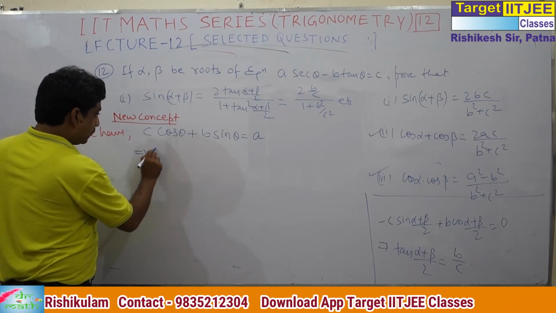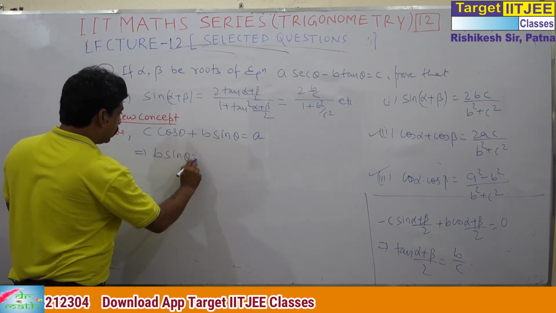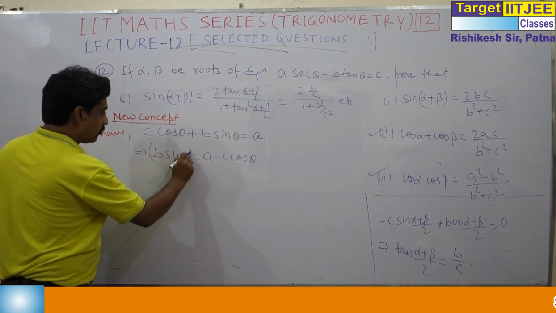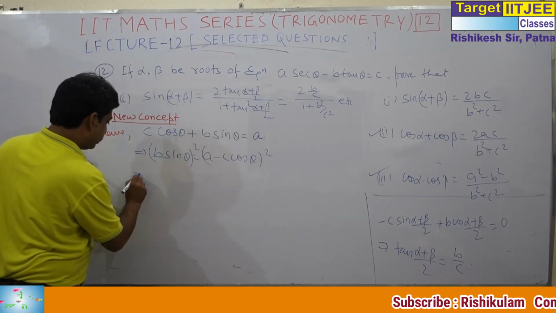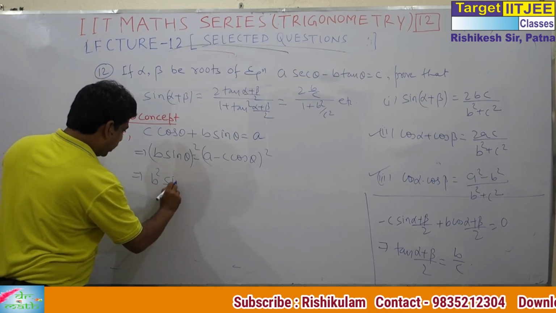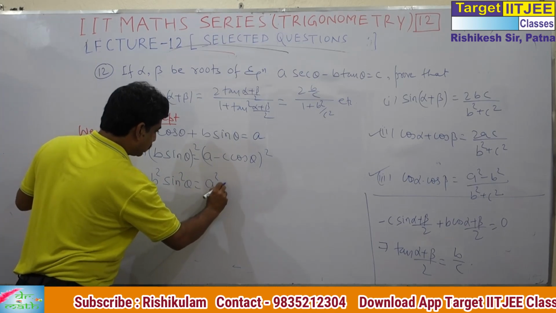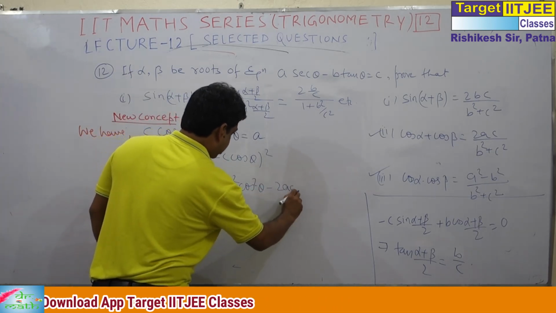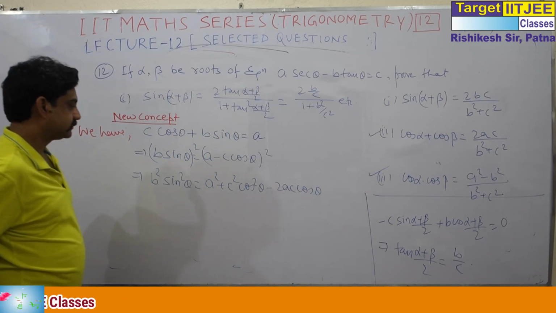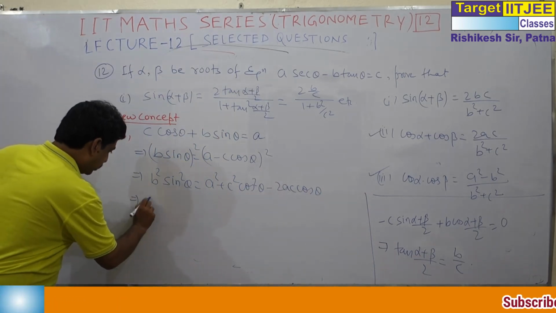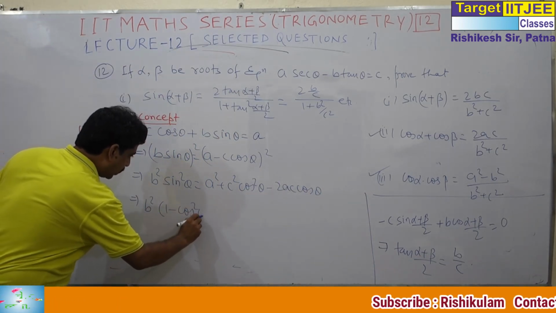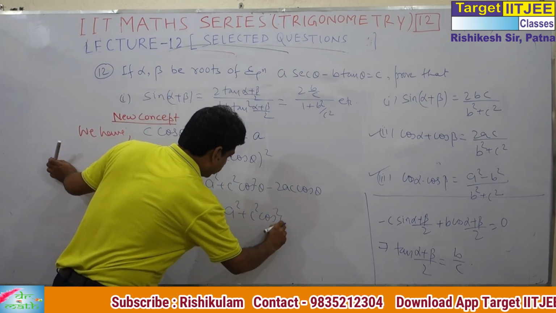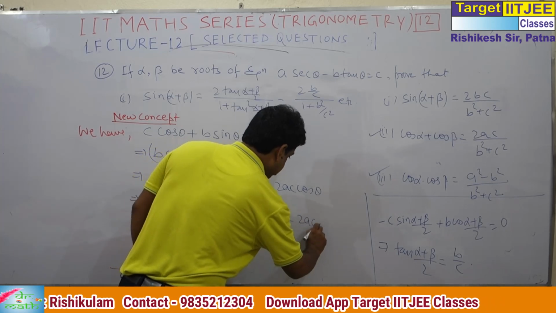Now, can we write b sin theta is equal to a minus c cos theta? On squaring we get b square sin square theta is equal to a square plus c square cos square theta minus 2ac cos theta. This is b square into 1 minus cos square theta equals a square plus c square cos square theta minus 2ac cos theta.